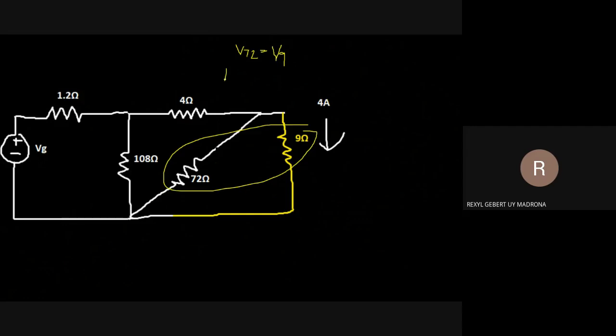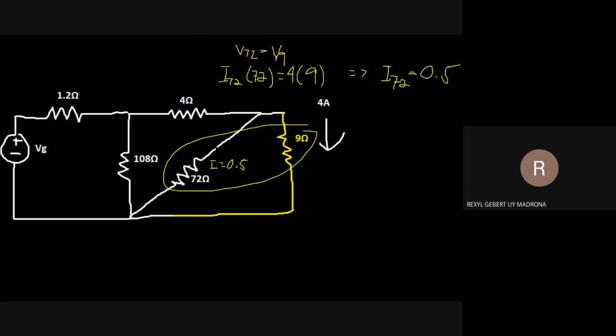That would be I in the 72 ohm resistor times 72 ohms is equal to 4 amperes times 9 ohms. And that gives us I in the 72 ohm resistor equal to 0.5. We just write down 0.5.